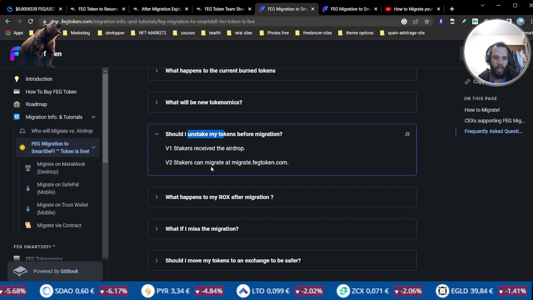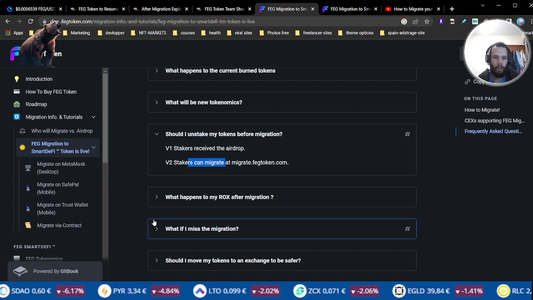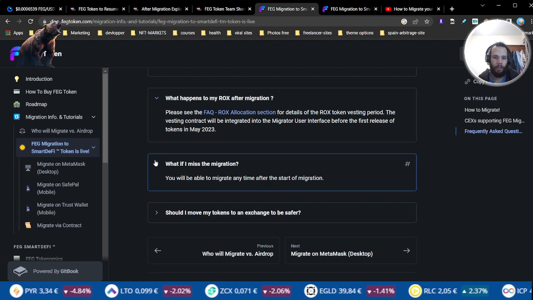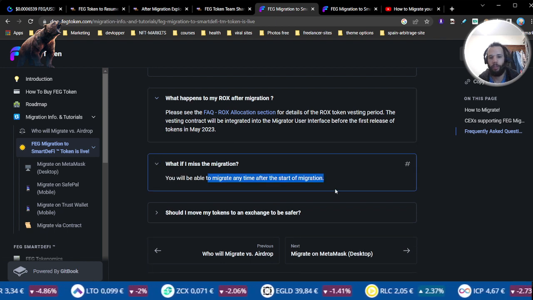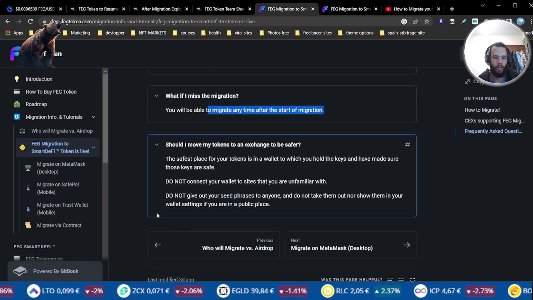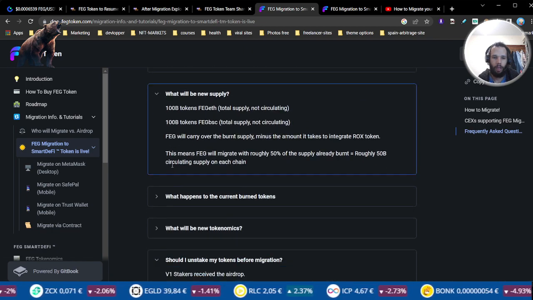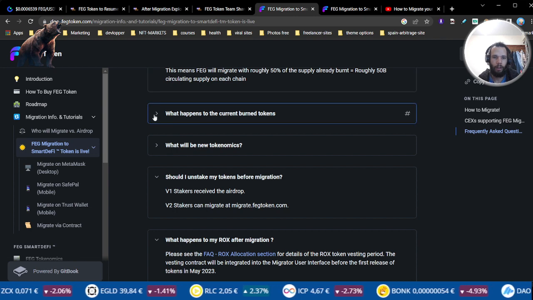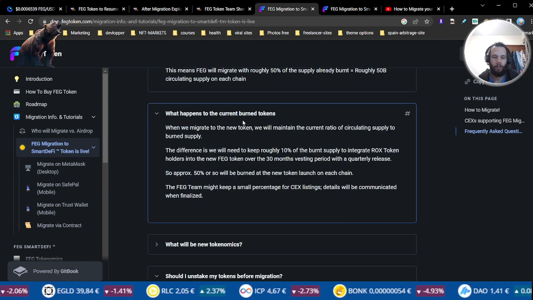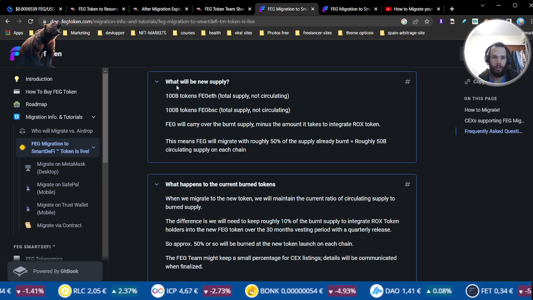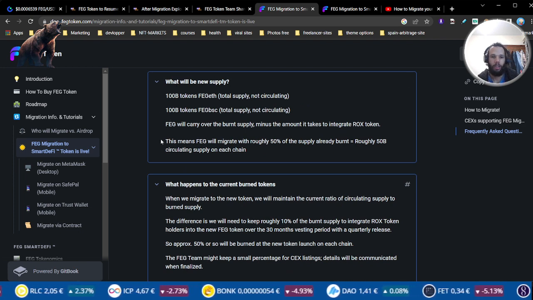So we had the V1, then you will get migrated to the V2. So what if I miss the migration? Nevertheless, you can still do your migration whenever you want. So also here, what happens to the current burn supply? Not that one, but I think this one, the new supply.